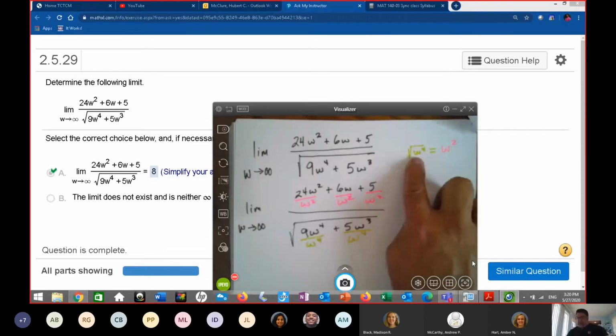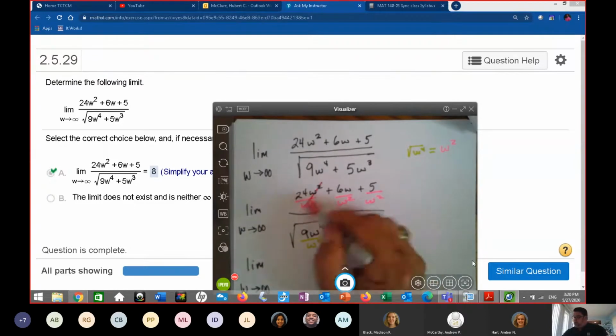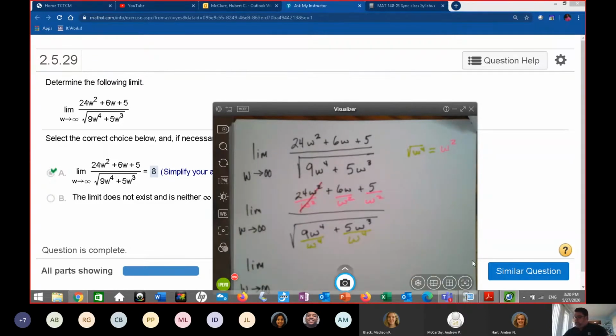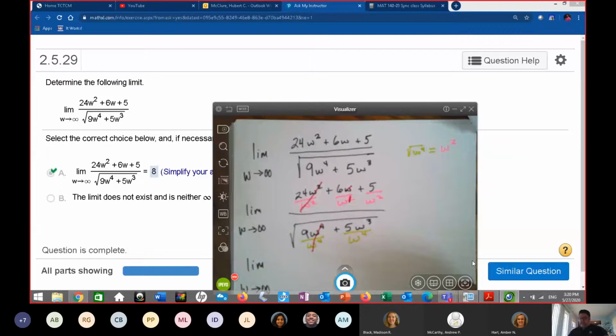Now, I'm going to go ahead and do this third step for you. Limit as w approaches infinity. And I'm going to take my red pen and mark that out, and that's going to leave that to the first, and that's going to leave this to the first.